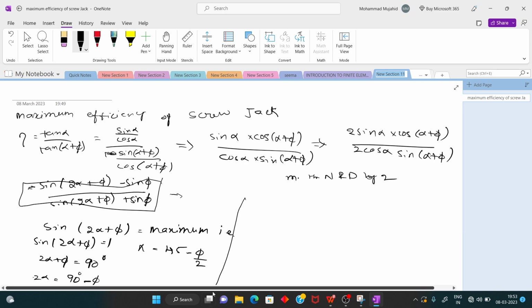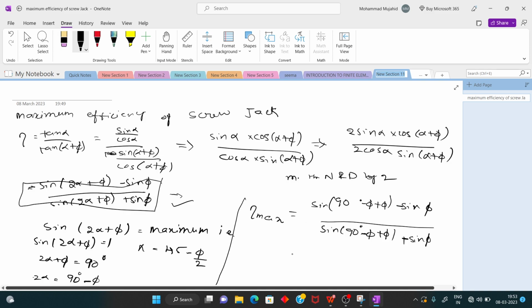Now substituting the value of 2 alpha in this equation, you will have the maximum efficiency. Maximum efficiency will be equal to sine of 90 minus phi plus phi, minus sine phi, by sine of 90 minus phi plus phi, plus sine phi.